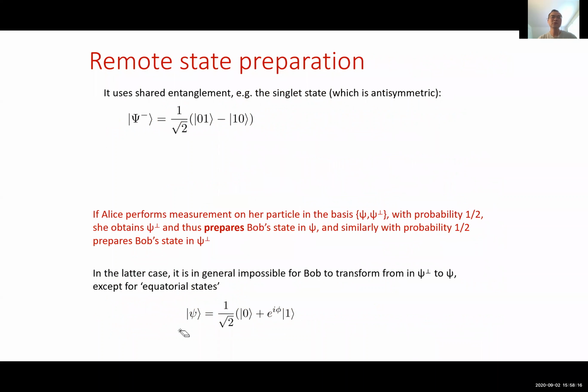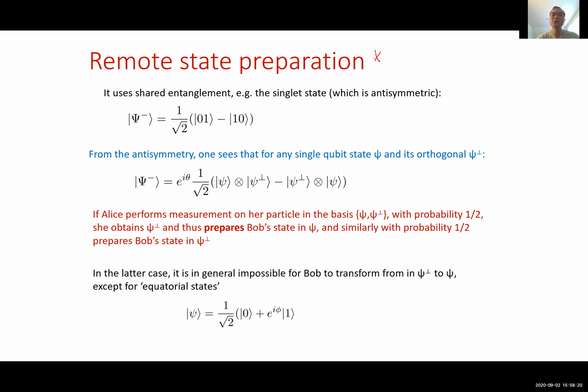Okay, so this, I would say, is also a slightly advanced topic, but the idea is simple. Let me just tell you what it is. It's actually similar to all that we have discussed, but let's look at using a singlet state. The singlet state is really special.